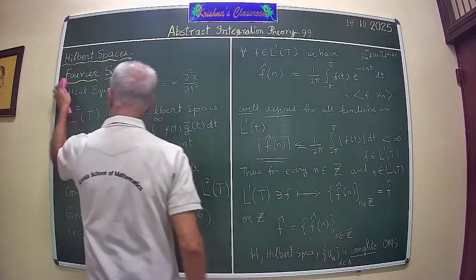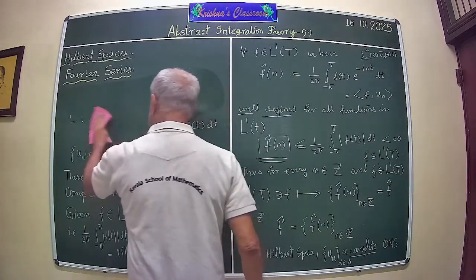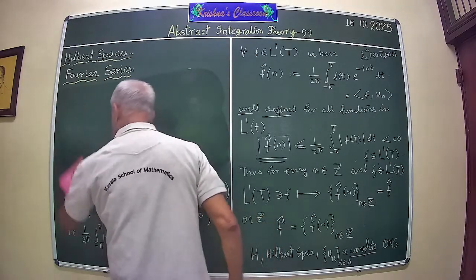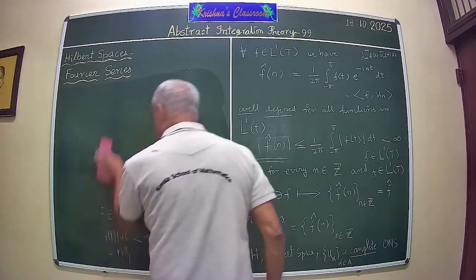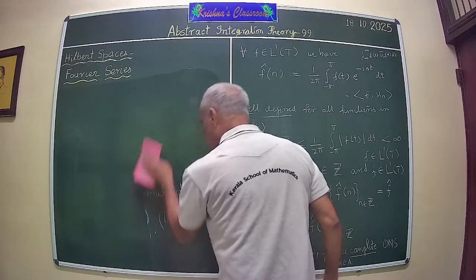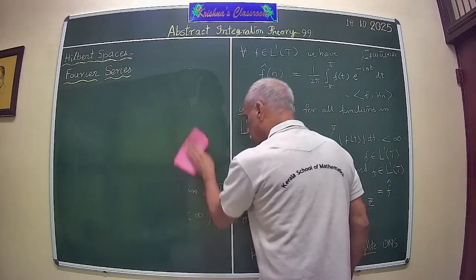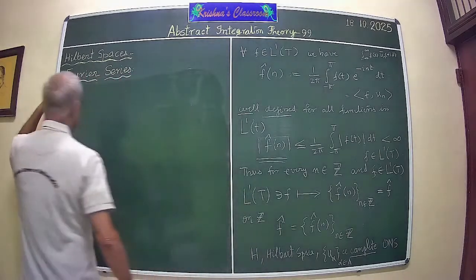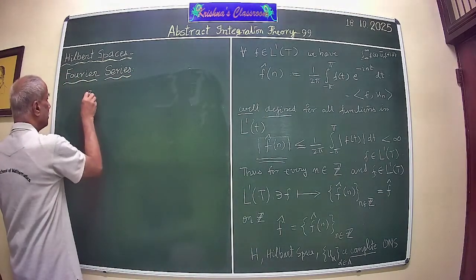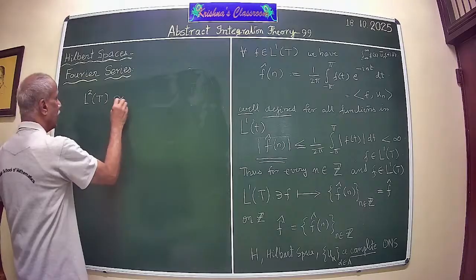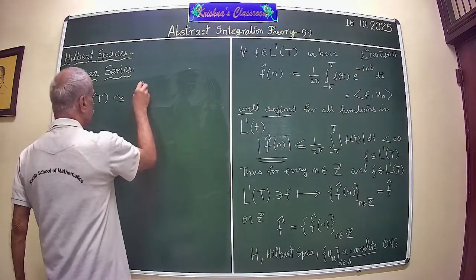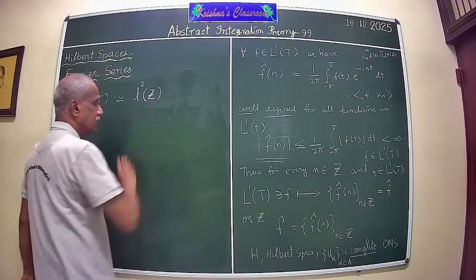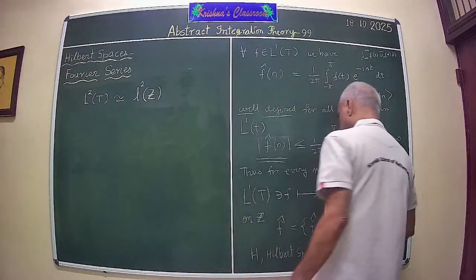What we have proved in the general case is that L2T is isomorphic to L2Z. L2Z consists of all such elements of that.